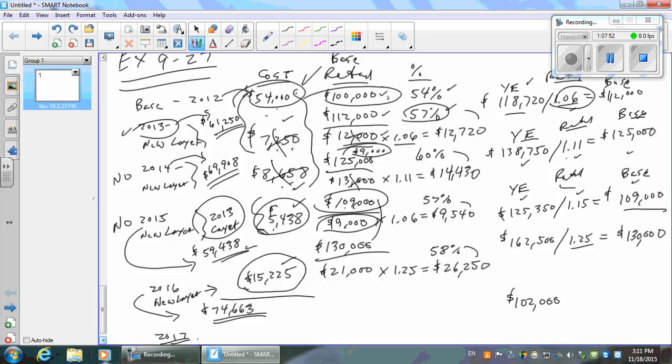Okay, that's at 2017. And let's say my price index is 1.30. Get a little more inflation. 102 divided by 1.30 is how much? 78,462. This would be a very easy one to do.